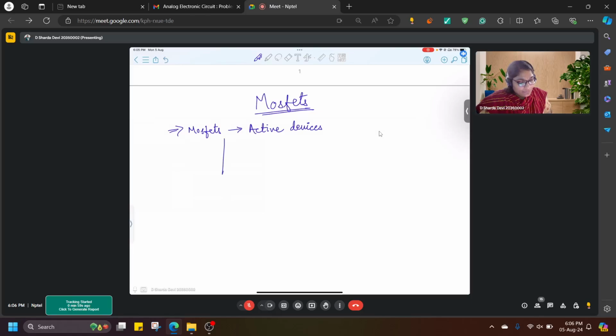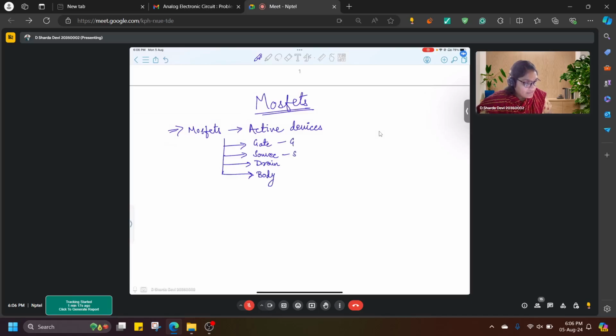What are the terminals present in the MOSFET? Those are gate, source, drain, and body.